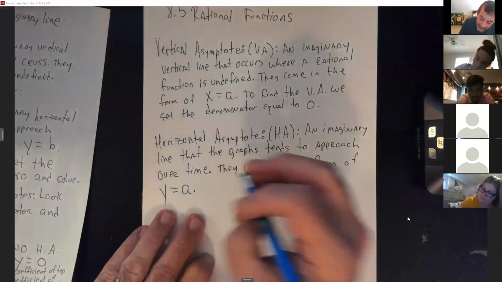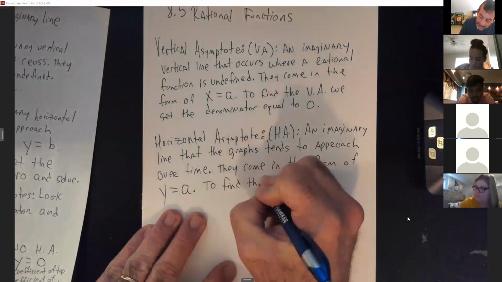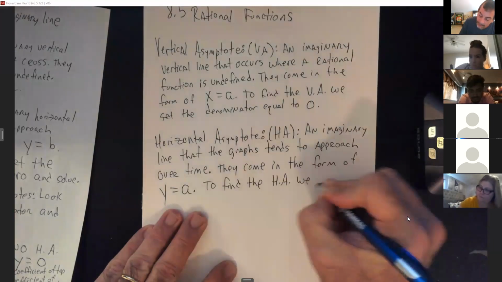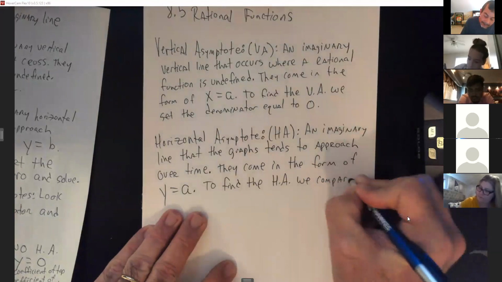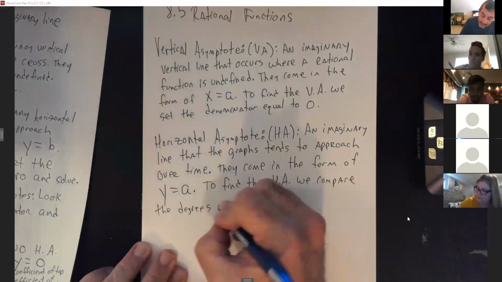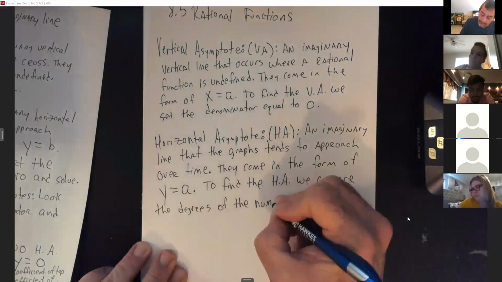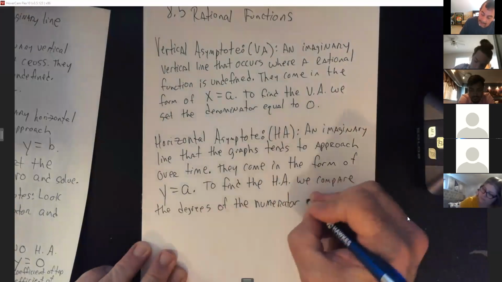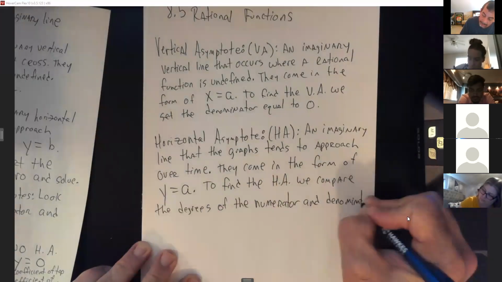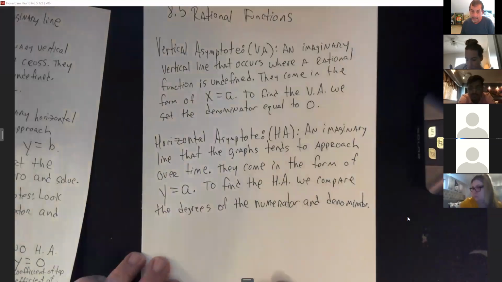Now, to find the horizontal asymptotes, we compare the degrees of the numerator and denominator. So remember, the degrees are those highest exponents on top and bottom.